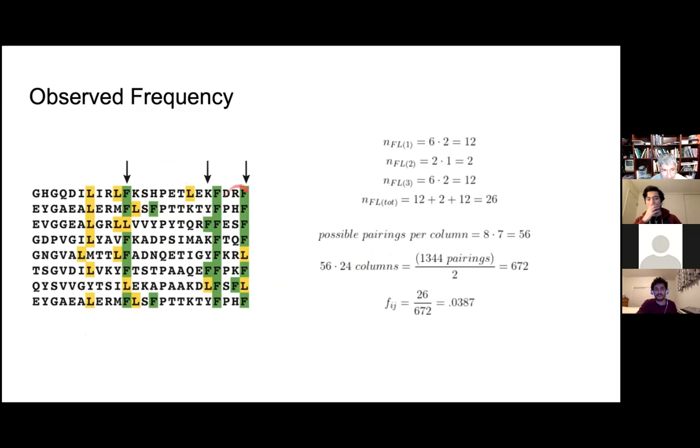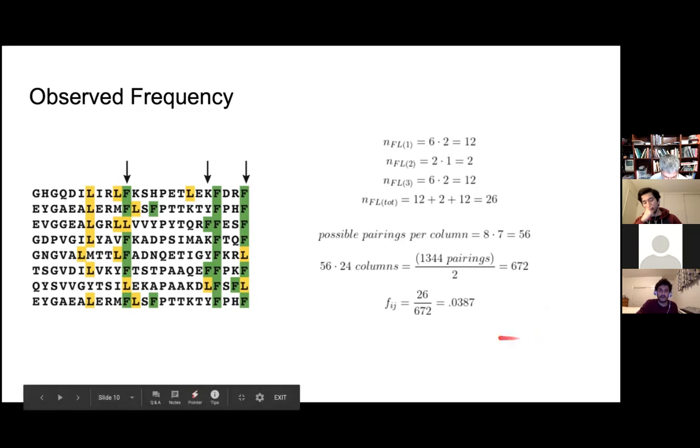We've got 3, denoted by the arrows here. Let's look at the first one. We have 6 phenylalanines, which takes our first position in the pair, multiplied by how many leucines we have, which is 2. 6 times 2 is 12. So we have 12 possible pairs in this column. We'll do it for the other 2: 2 here, 12 here again. Add them all up, 26 possible phenylalanine-leucine pairs, and that'll be our numerator.